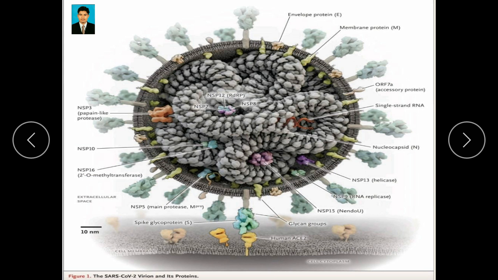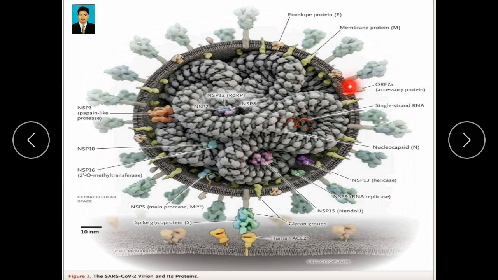So let's define the structure of coronavirus. As we discussed, the coronavirus structure contains envelope protein, membrane protein, nucleocapsid, and S protein. Apart from these, there are other different proteins which are present in the virus. This envelope protein is a membrane bound protein.